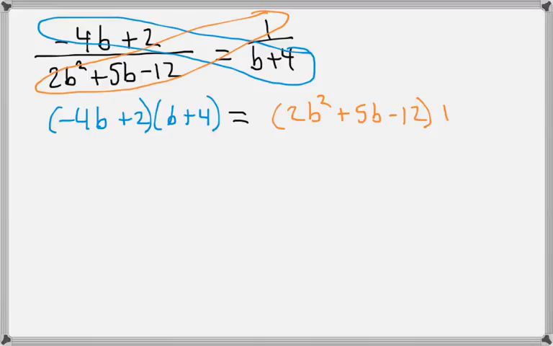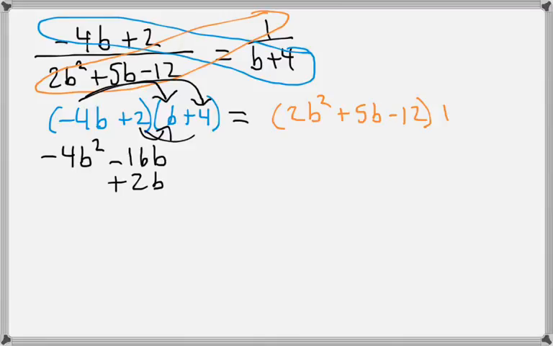So here on the left, this is FOIL or double distribution, however you remember it being called. You're going to take that negative 4 times the b, so we get negative 4b squared, negative 16b, plus 2b, and plus 8.